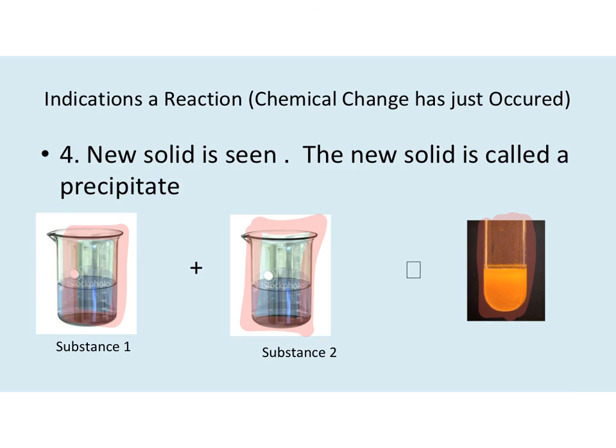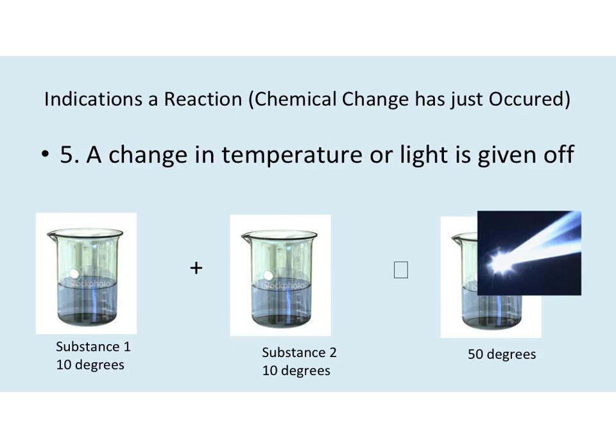That means that I made something new because substance 1 is a liquid, substance 2 is a liquid, but when I combine them together, substance 3 over here is a solid. So the fact that it's solid means that you've probably created something brand new, because what's making that solid? So if you see a solid made that wasn't there before, that's an indicator that you made something new or a chemical reaction happened.